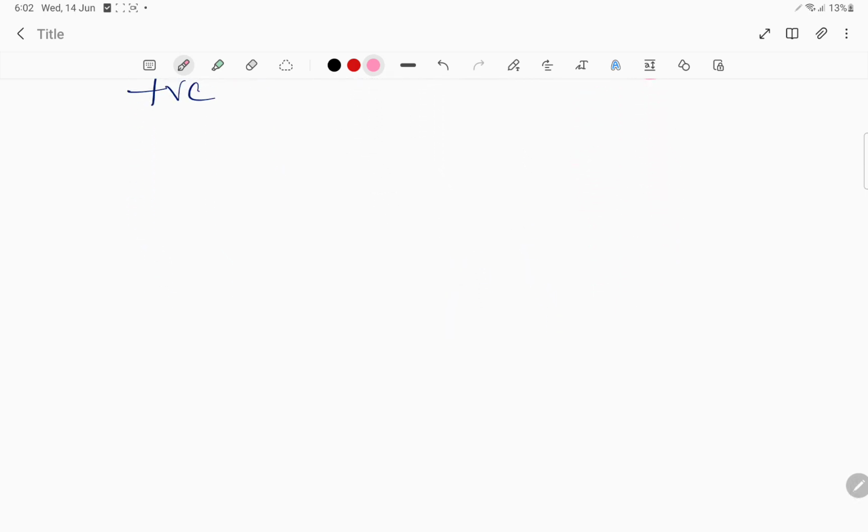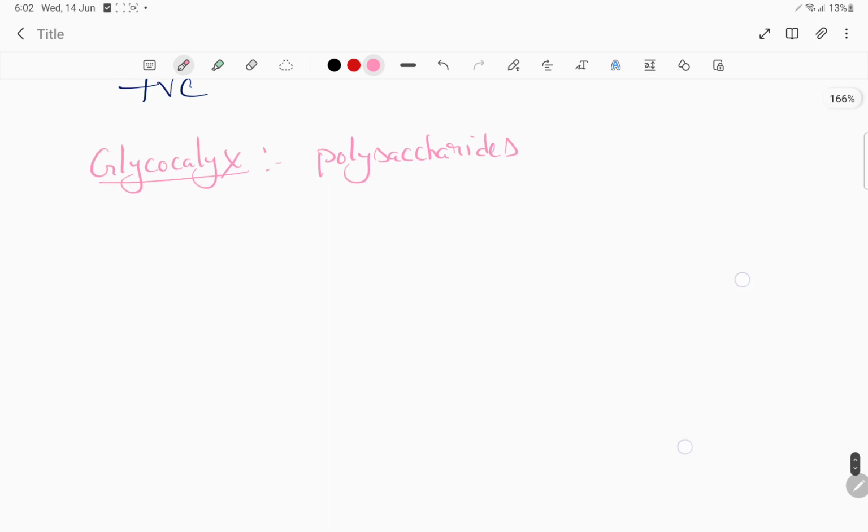Okay, so let's see the other characteristic features. Coming to the next thing, glycocalyx, which is made up of polysaccharides. This is a gelatinous sheet which is present around the cell wall. If it is loose, we call it slime layer, which prevents the bacteria from dehydration.